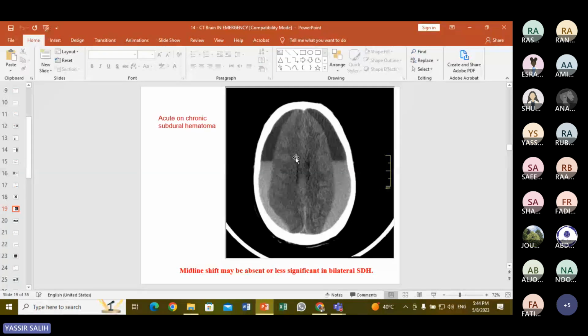CT of which part? CT head, soft tissue window or brain window. Thank you. With or without contrast? Without contrast. What do you see?